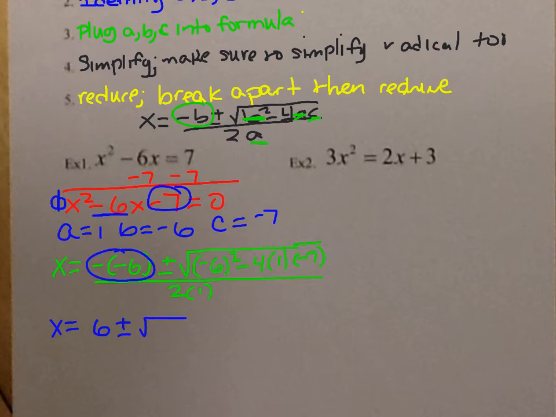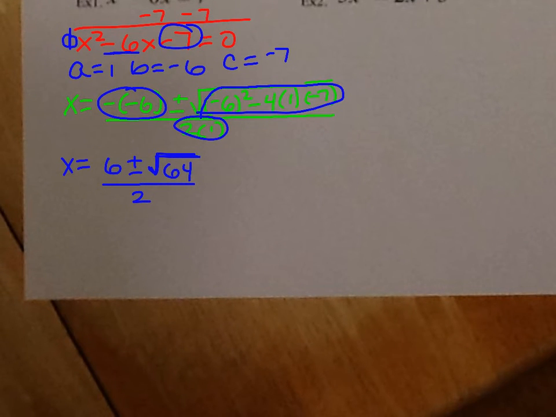Now what I want you to do is plug into your calculator, not the radical, just what's under the radical, because notice I put the radical here. It's waiting for us, so I don't need to put the radical into the calculator. So just plug in what's under the radical. And we get 64, and that's over 2 times 1, which is 2. All right, so the next thing we have to do is we have to simplify.